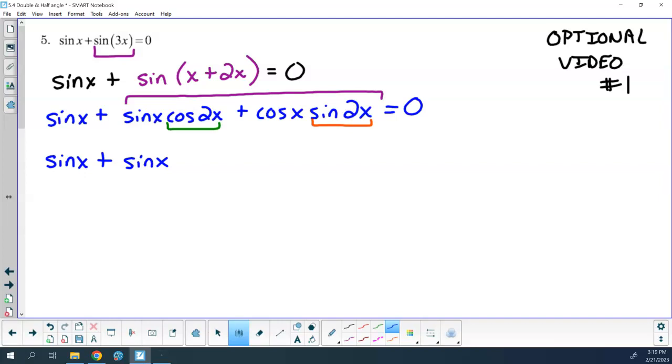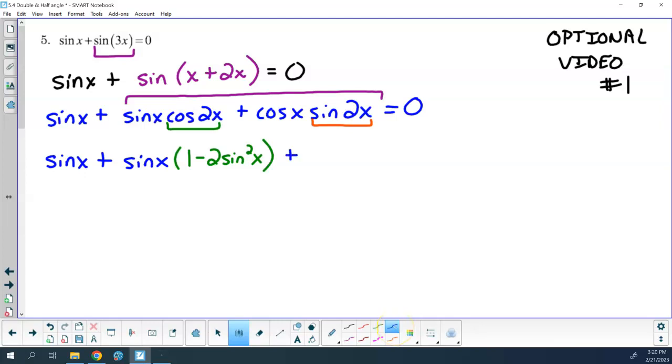Because we have this plus sine x out in front, I'm going to get rid of all cosines whatsoever, and so I'm going to go with the third option, 1 minus 2 sine squared x, just to get rid of all possible cosines in this problem.